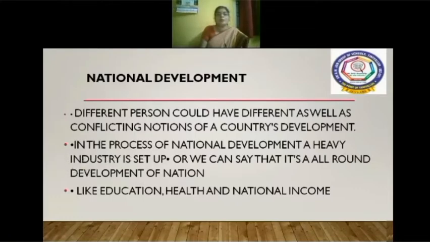So a proper indicator must be there to measure the actual development of a nation, like education, health, and national income. So all-round development of a nation can only give it the position of a developed nation. So development is nothing but measuring whether the countries are developing or underdeveloped.